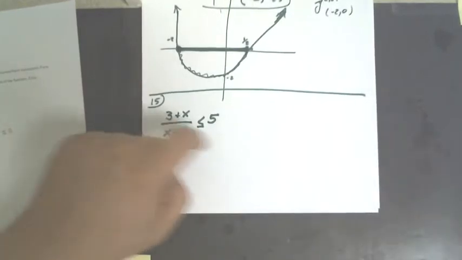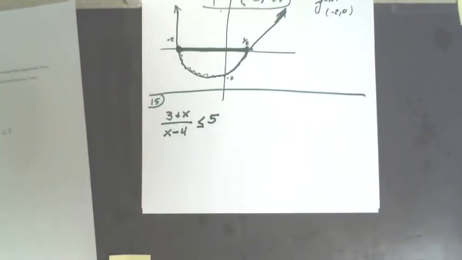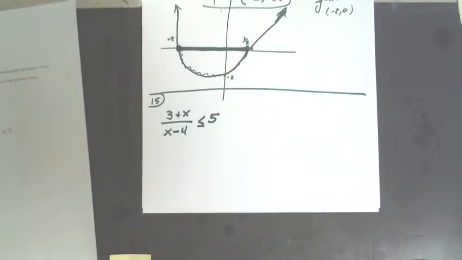So if we multiply both sides by x minus 4, is x minus 4 positive or is x minus 4 negative? I'm pausing to give you a chance to think about that. So what do you think? If you're thinking, well, that depends on x, you're right.